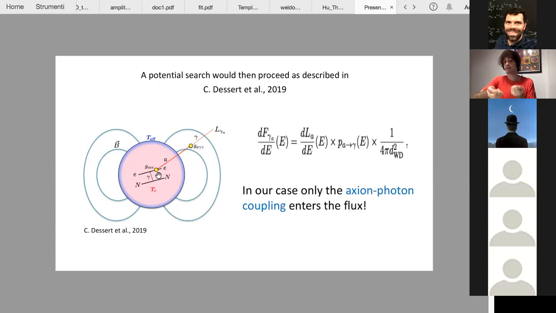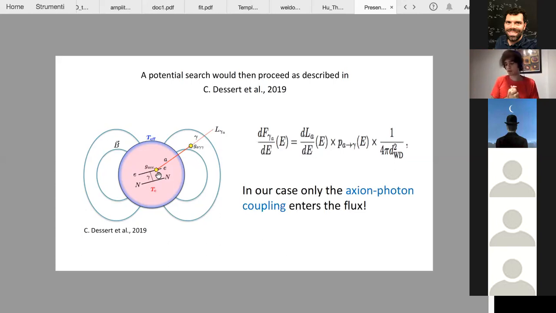While in our case, the spectrum will also be pretty similar, but we will be sensitive just to the coupling to the photon. And in this kind of model like KSVZ, in which you expect a suppressed coupling to fermions, that would be very nice. And it would be another astrophysical probe of the axion.